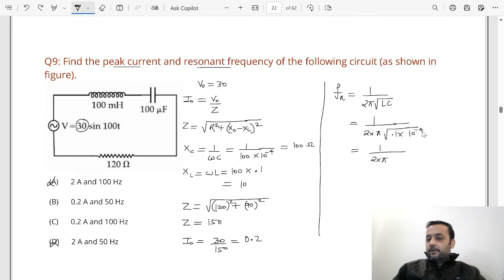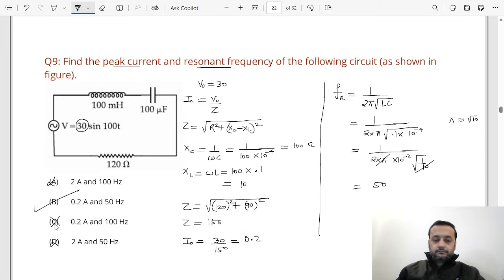Now 10 to the power minus 4 we can take outside, and that will become 10 to the power minus 2, and 0.1 will be left inside root, so that can be written as 1 upon root 10. Now remember, you must have been taught that pi value is approximately equals to root 10. So this root 10 and pi can be cancelled, and 100 upon 2 will become nearly 50 hertz. So option B becomes the correct answer. Option C is also wrong.